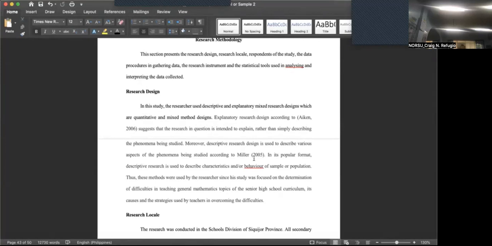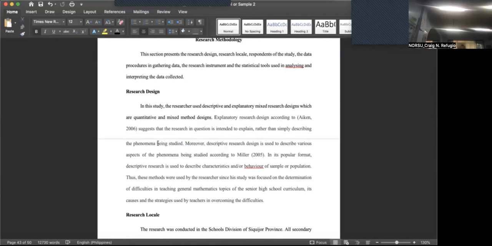Miller 2005, ICANN 2006. I want you to add another literature to back up why the descriptive method is being used and why the explanatory mixed research design is being used.